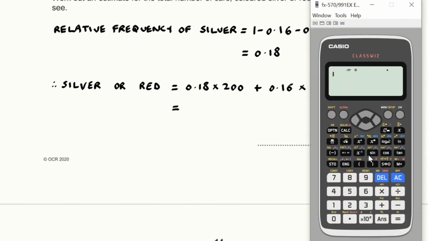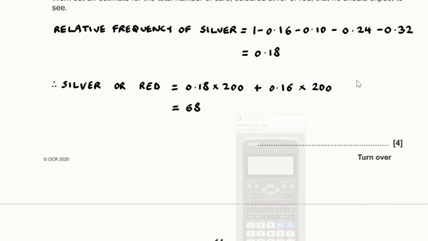So if I work this out, we get 68. So we have 68.